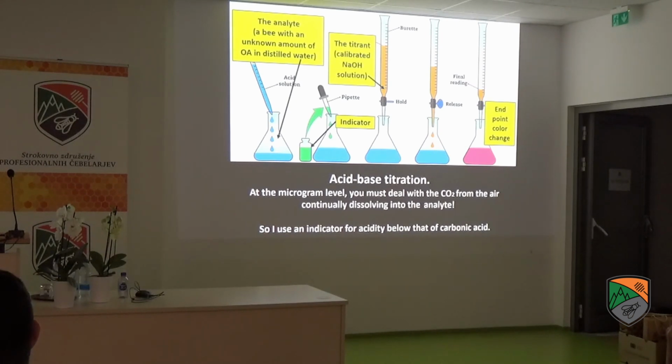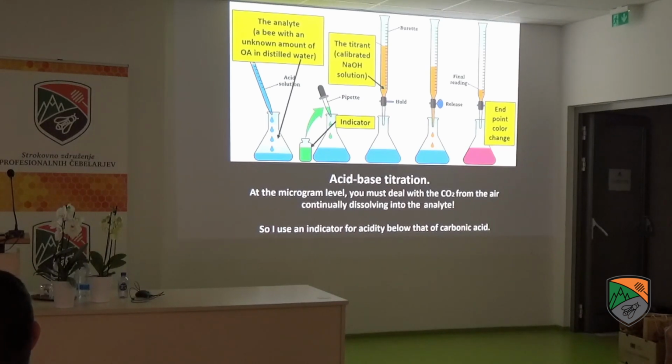You need a strong acid like oxalic acid for it to be effective. Okay, then you make up a titration solution. So you dissolve a base, typically sodium hydroxide, which is household lye, drain opener, but I use a reagent. And you dissolve a known amount into a liter of water. Now you know exactly how much basic solution there is.